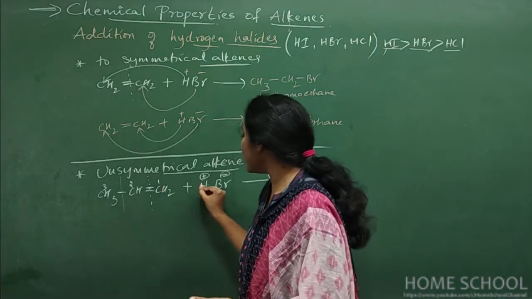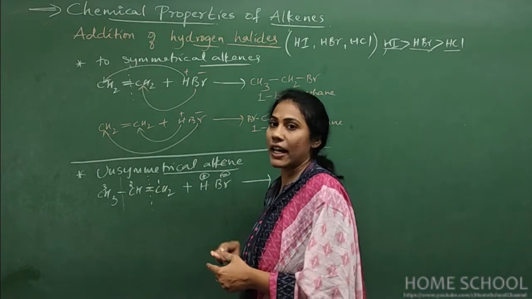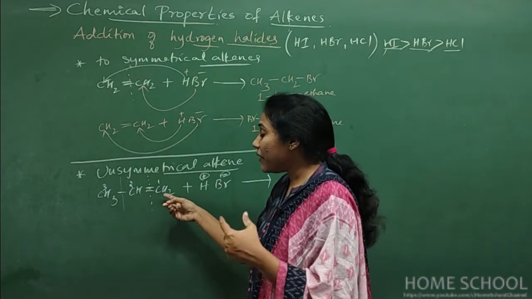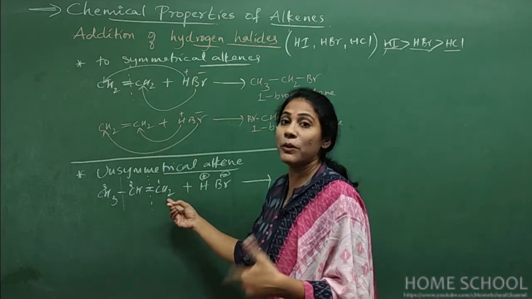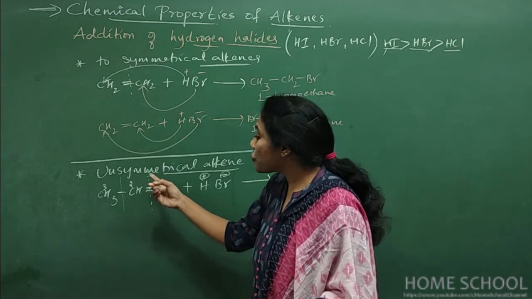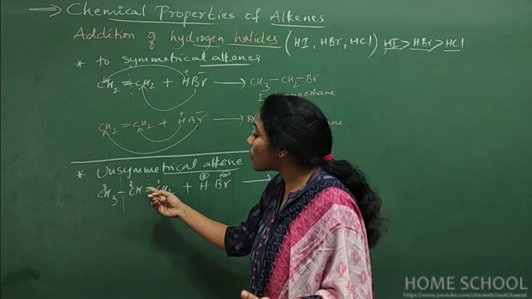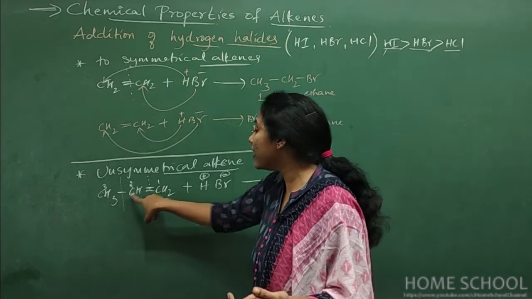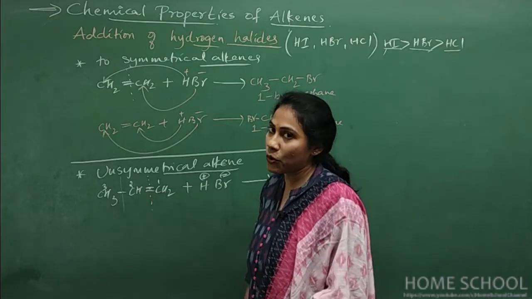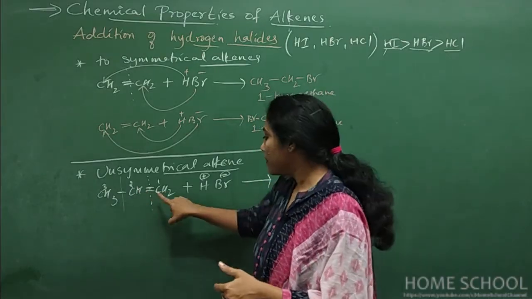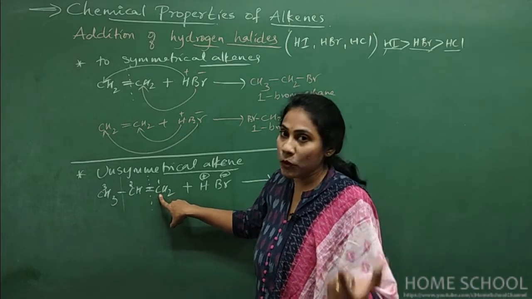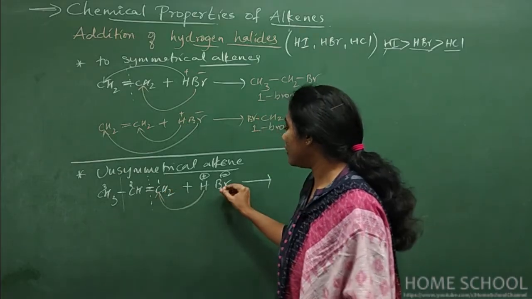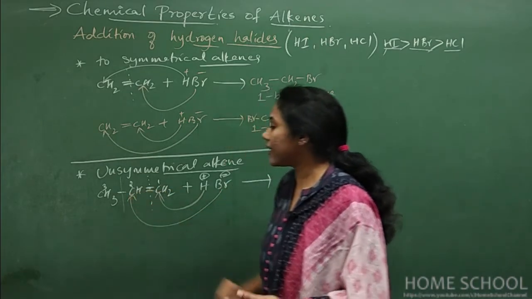You have to add this HBr to the unsaturated carbons only, the two carbons connected by the double bond, not to the other carbon. Here you check which carbon has more hydrogen and which has less. Carbon 1 has more hydrogens, 2 hydrogens. So first I'll add H here and Br minus to the second carbon.